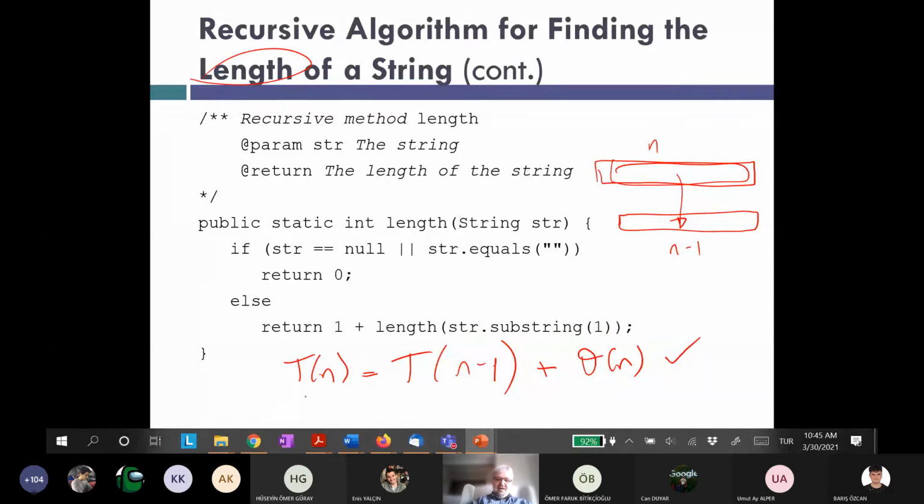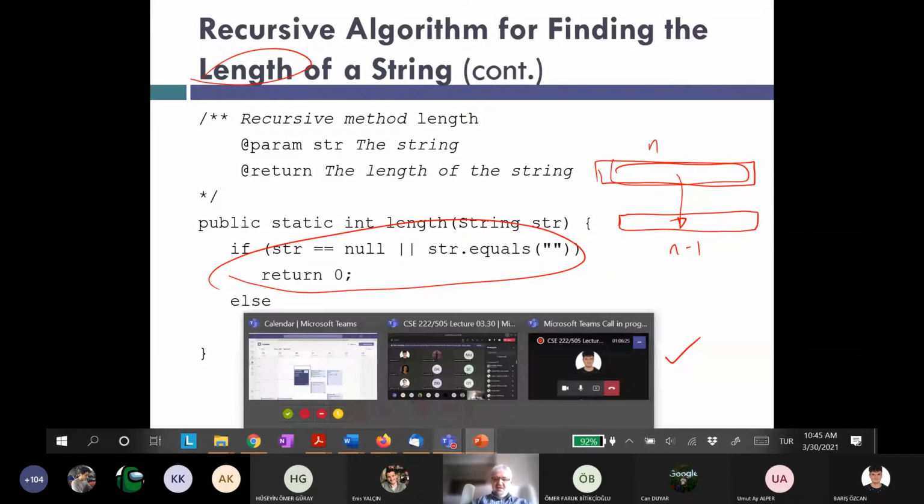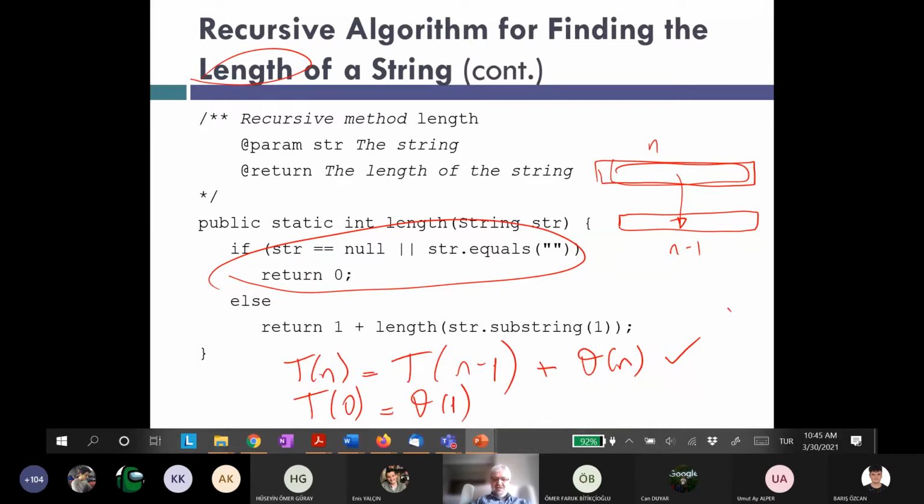You should also consider this base case and say that if the size is 0, it is a constant time operation. For size 0, it is usually constant time, but it still needs to be specified, since sometimes the base case is not constant time. Okay, the whole thing gives the recurrence relation.